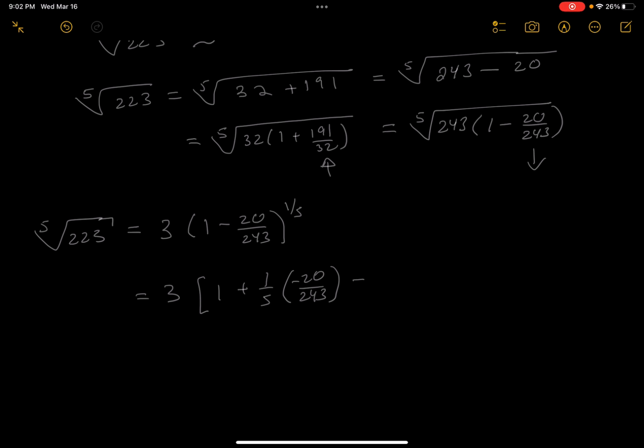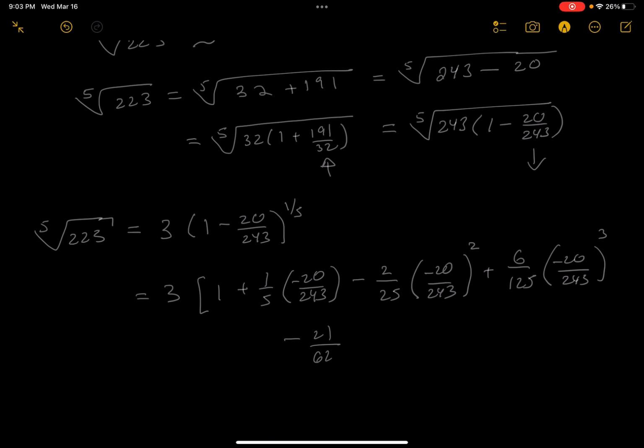So what do you get over here? 2 over 25, and then you get minus 20 over 243. And yes, you're allowed to use calculators. Plus 6 over 125. You can just see how bad this is getting as far as a computational skill. 243 cubed minus 21 over 625 minus 20 over 243. 1, 2, 3.